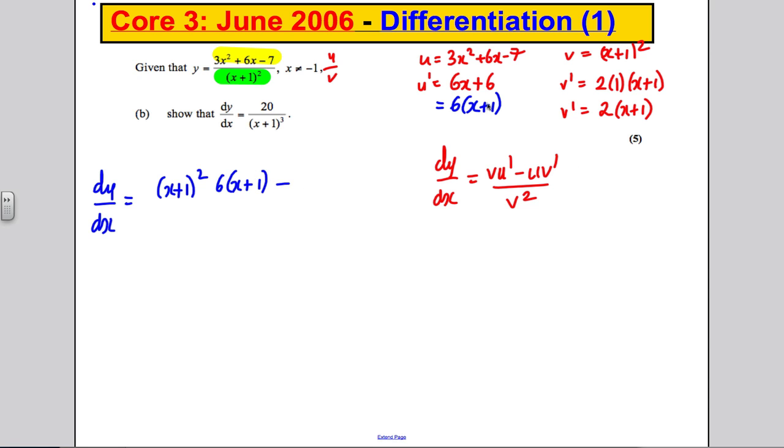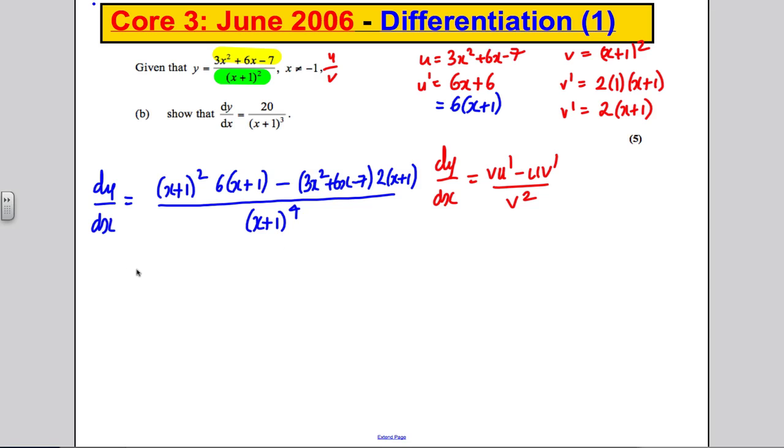Subtract u, now u is this monster thing here, there's nothing I can do with that, 3x squared plus 6x subtract 7, and v dash is 2x plus 1. And all of this is going to be over v squared, and v is x plus 1 squared, so x plus 1 squared is as follows.